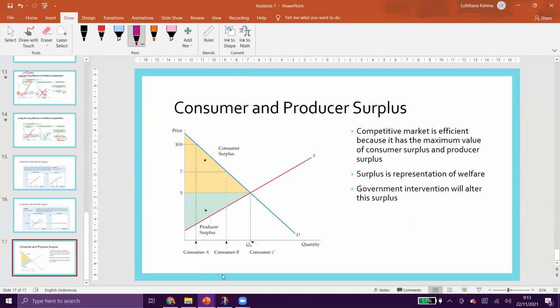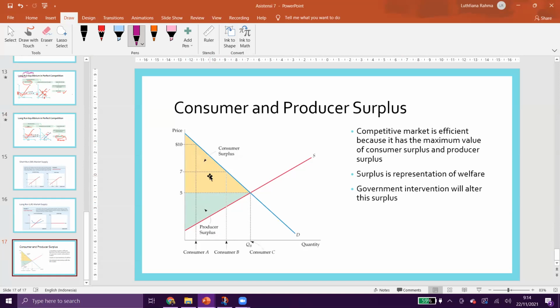Next, after talking about the long run equilibrium, I will talk about the consumer surplus and the producer surplus. Basically, it jumps back to our materials on supply and demand. Here you can read that the competitive market is efficient. The competitive market that we talked about in this video is the most efficient market because it maximizes the value of the consumer surplus plus the producer surplus.